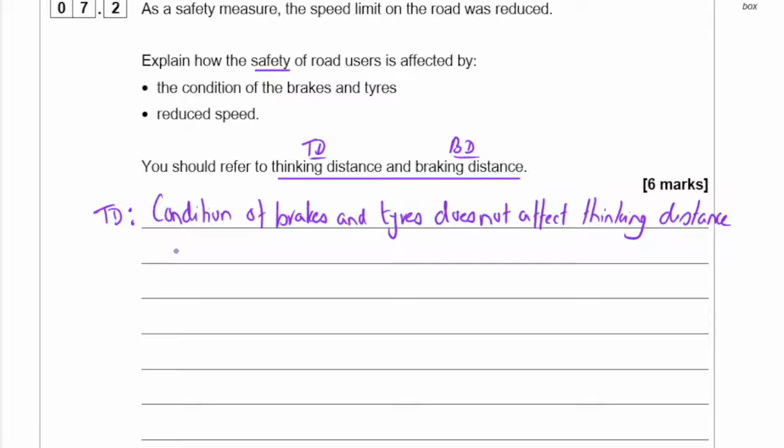What about the speed? Now the speed doesn't affect your reaction time, right? How fast you respond. Speed does not affect reaction time.